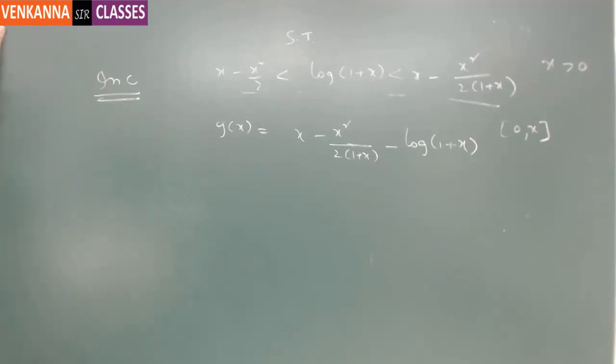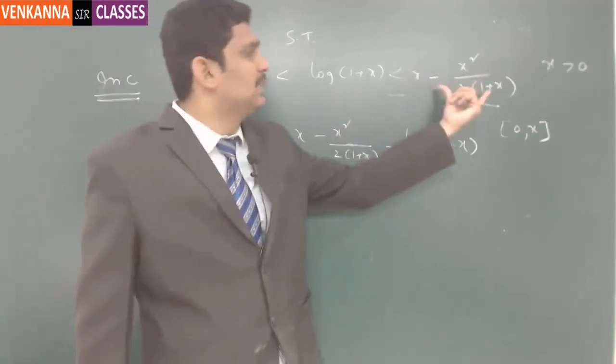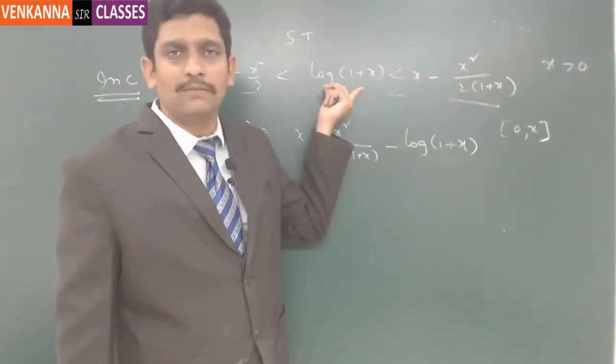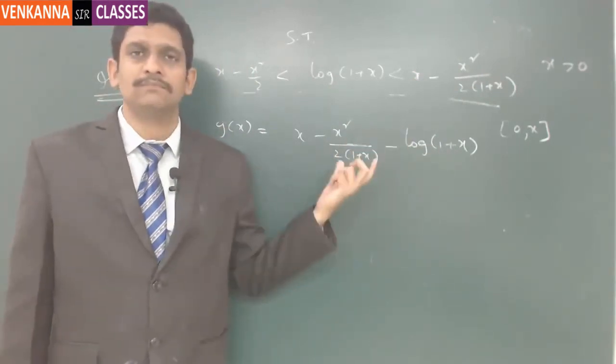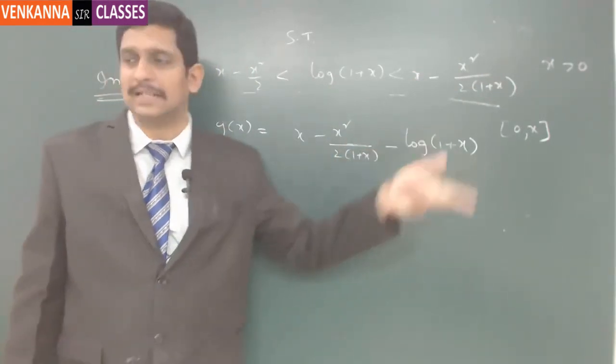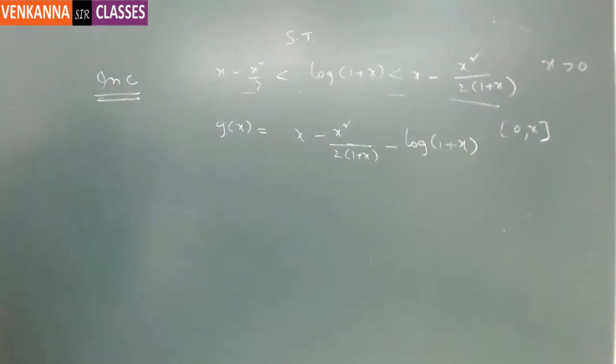Why have I taken this function? Because as per the inequality, this is the bigger one and this is the smaller one. So I am defining big one minus small one, because if I consider the derivative, it must be greater than 0. In the other way around also you can define log of 1 plus x minus of the part. That is also possible. Is it clear to all?